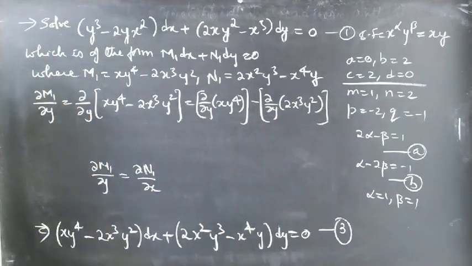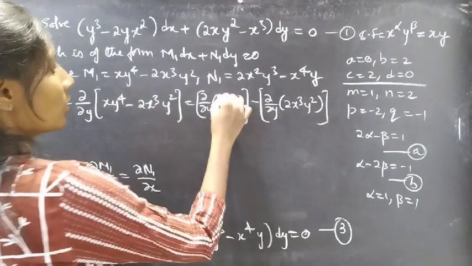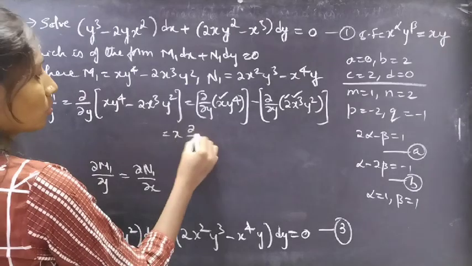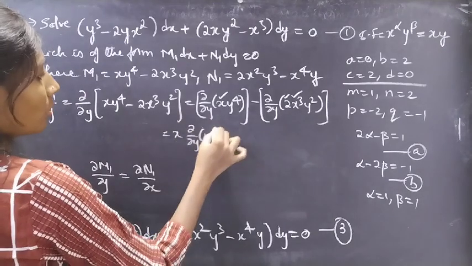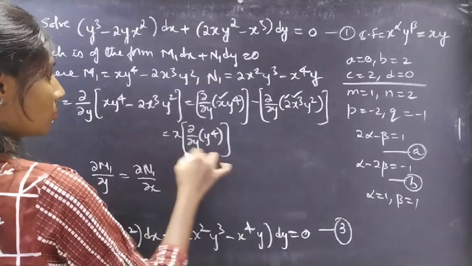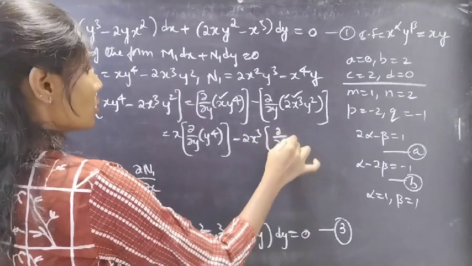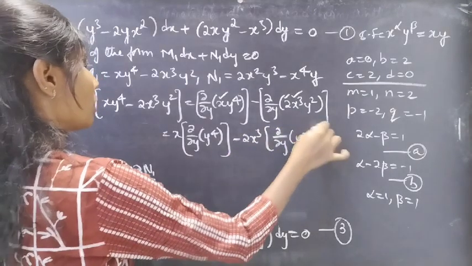Since it is partial derivative with respect to y, here x is treated as constant. You can write this as x into partial derivative of y power 4 with respect to y minus 2x cube into partial derivative of y square with respect to y.